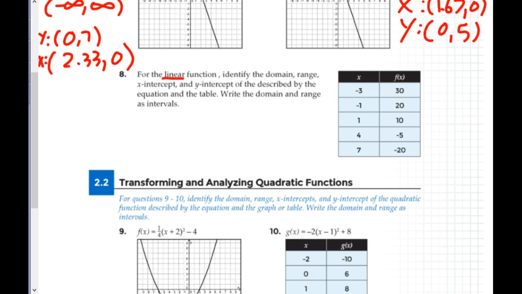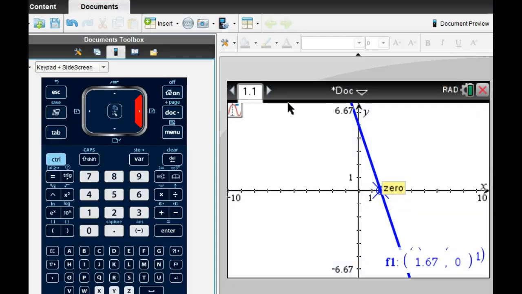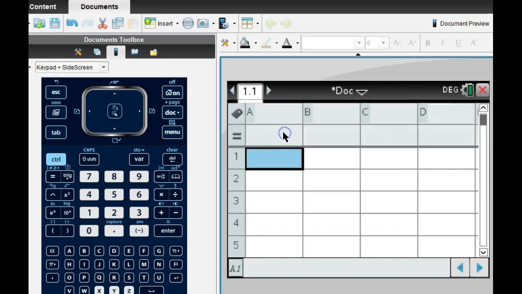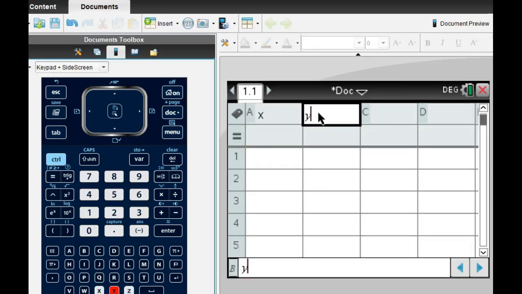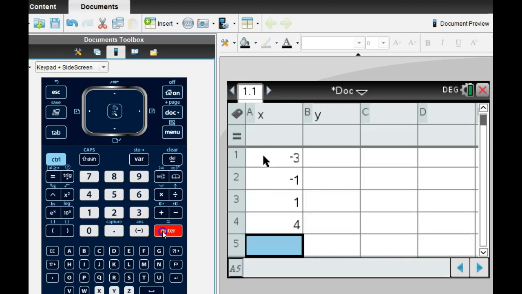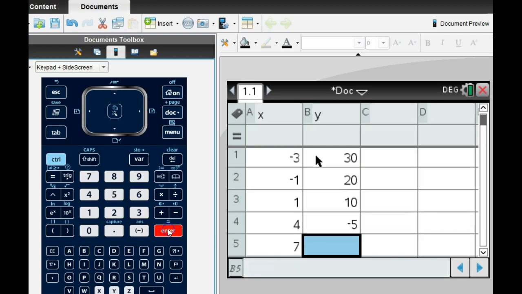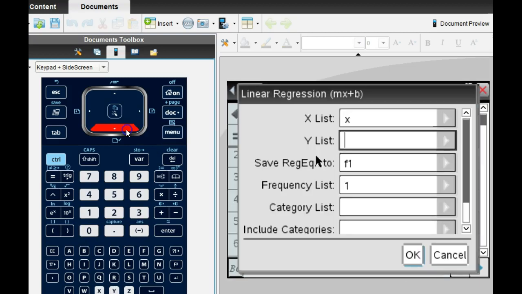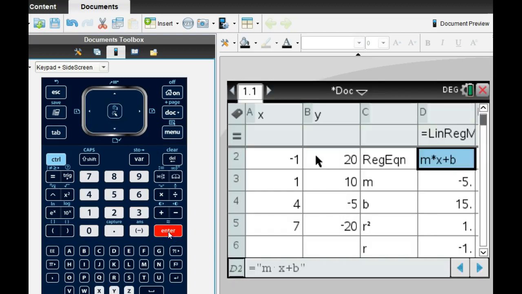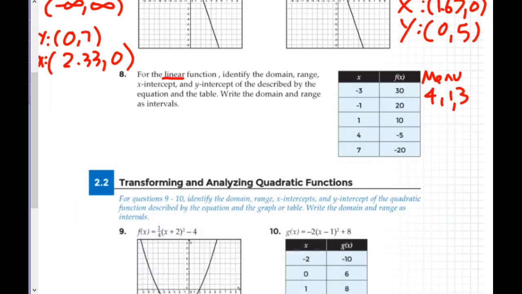Okay, it's linear, so we're going to do menu 413 to get the equation. Okay, so negative 5x plus 15.